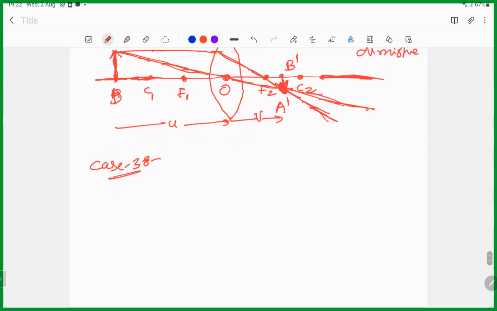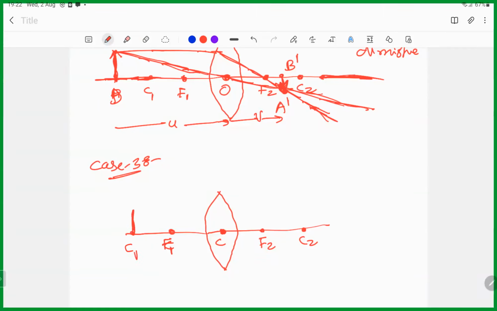Case 3 will be, if the object is exactly at C1, then the parallel ray will go through like this.